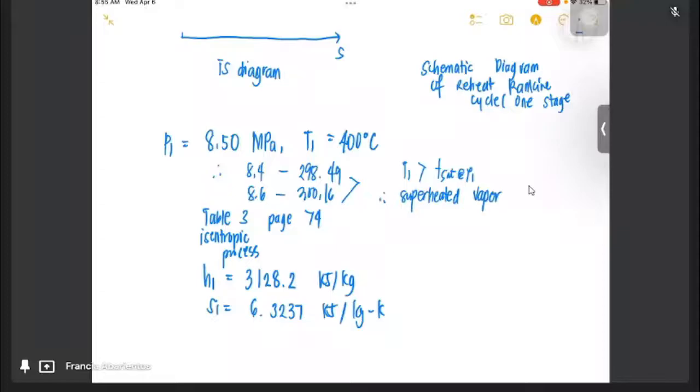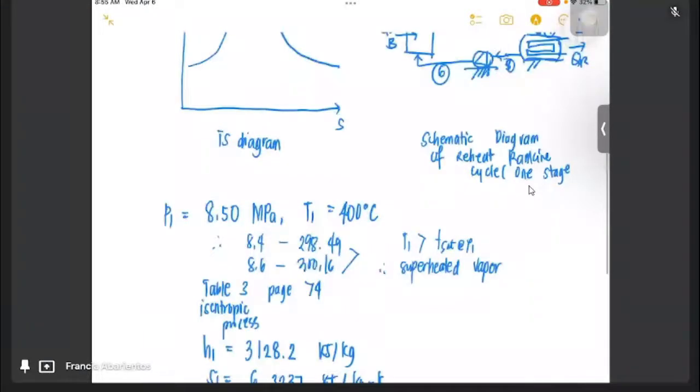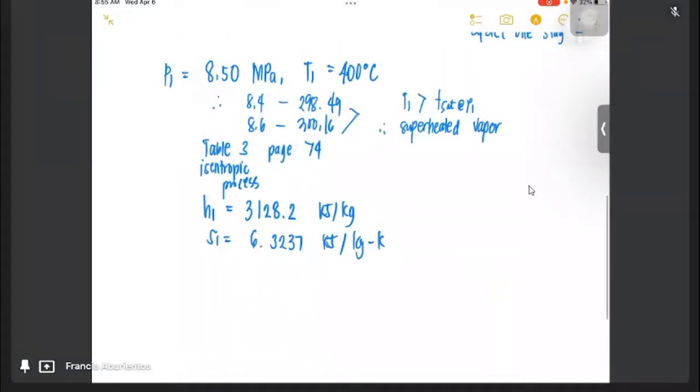Since in the problem, isentropic expansion or isentropic process from point 1 to point 2, hindi natin alam kung ano yung given parameters sa point 2. Ito lang yung basehan natin, the isentropic expansion.